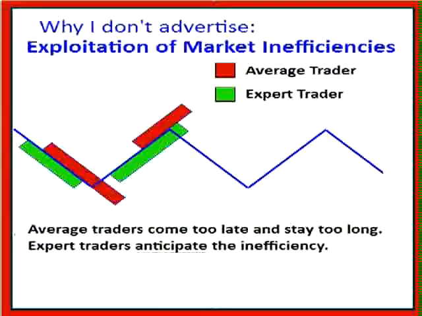The average trader gets in too late and stays too long, or maybe they get in too early and get faked out, but they're just not truly in sync with what's going on. But the expert trader has competent algorithms for guidance.